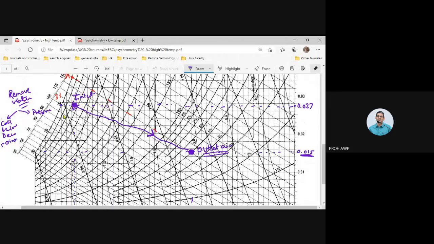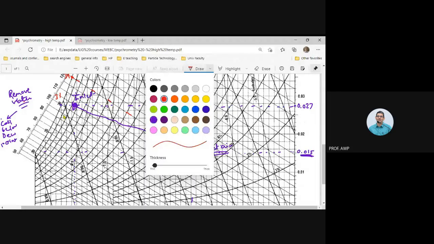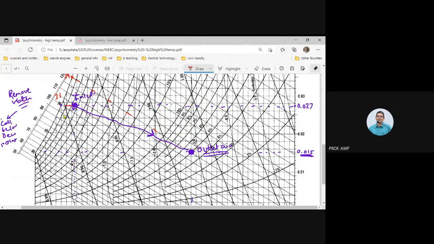But then I will have to have charts at different pressures, right? So right now that's not the path that we are taking. Now I have to cool below the dew point. It means first I have to reach the dew point. So from 35 degrees centigrade, if I start cooling, I will go here. Do you agree with that?